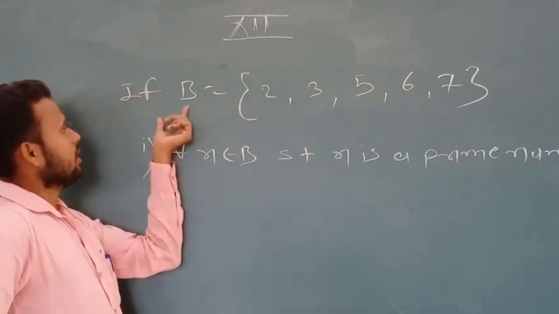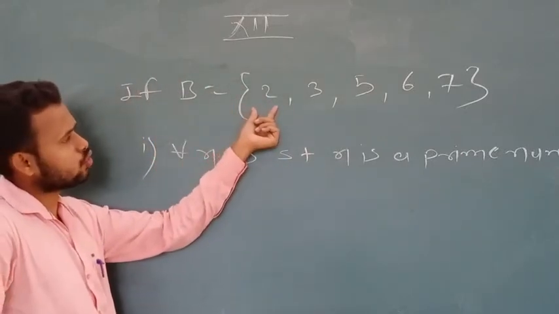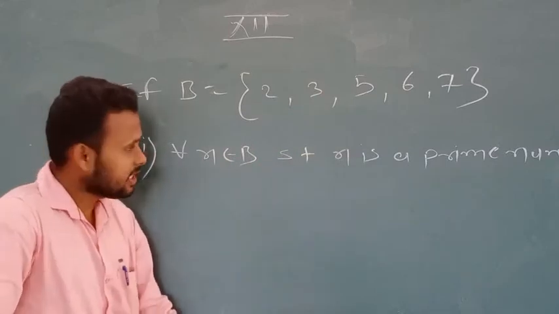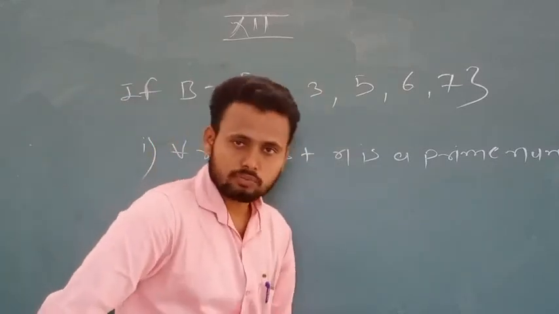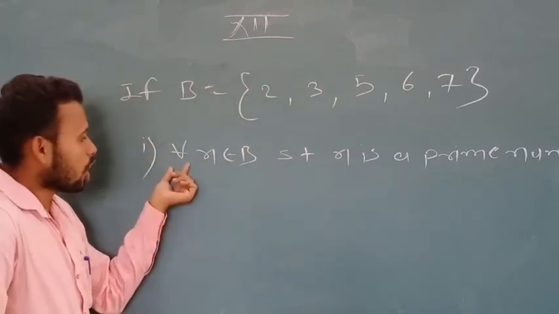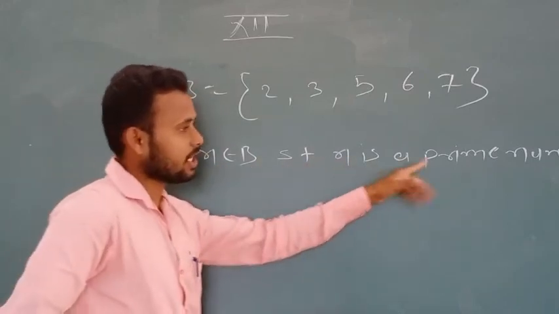The question was: if B is the set containing the elements 2, 3, 5, 6, 7, find the truth value of the following statement: for all x belongs to B such that x is a prime number.